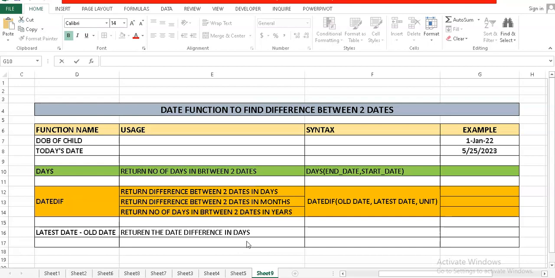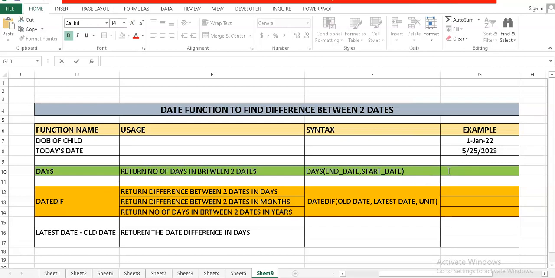The syntax of the DAYS formula is given here: DAYS in bracket, end date, which means the current or the latest date, comma, start date, which means the old date. Here the date of birth of the child is there, so his life starts over there. So for the start date, we are going to mention the date of birth of the child.